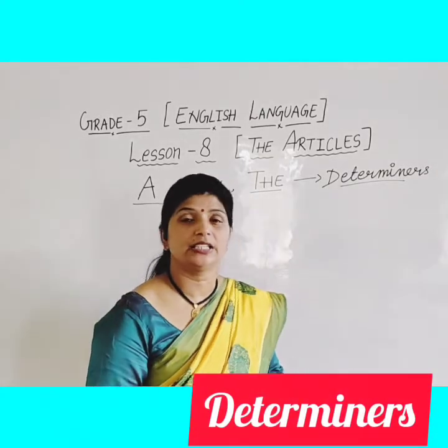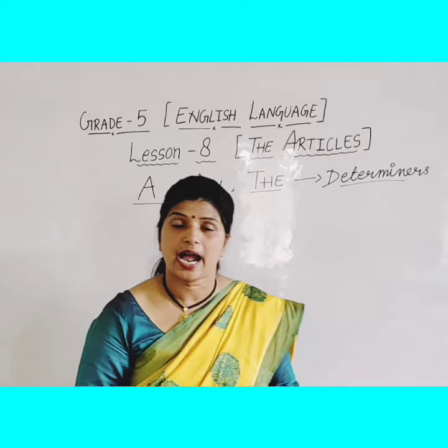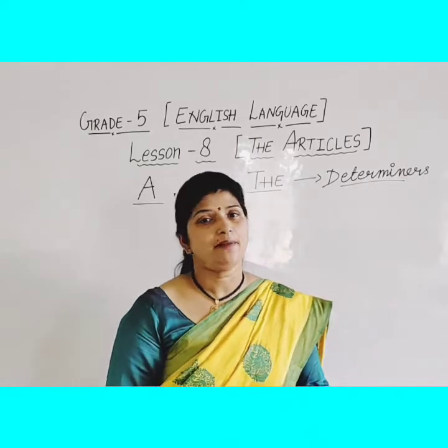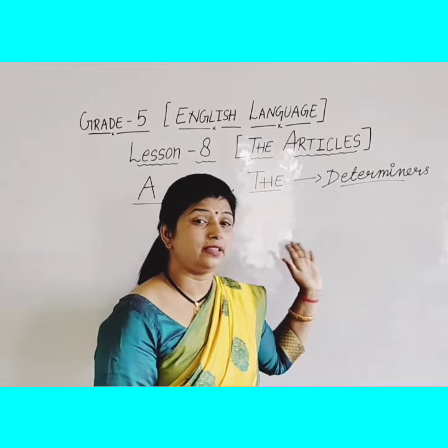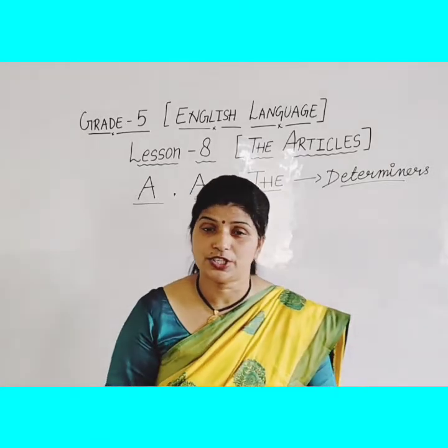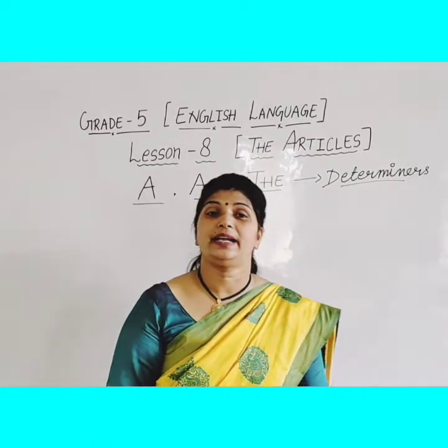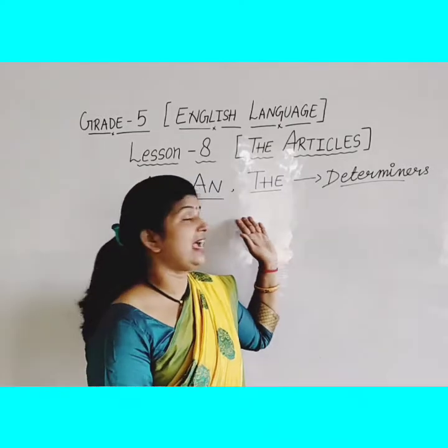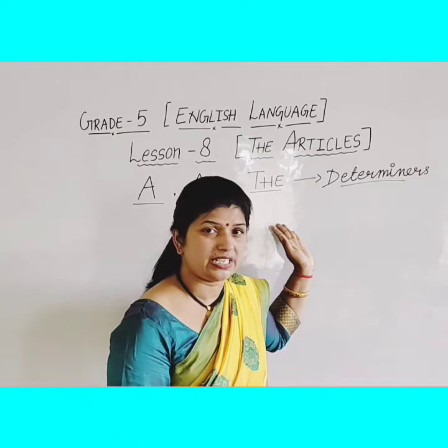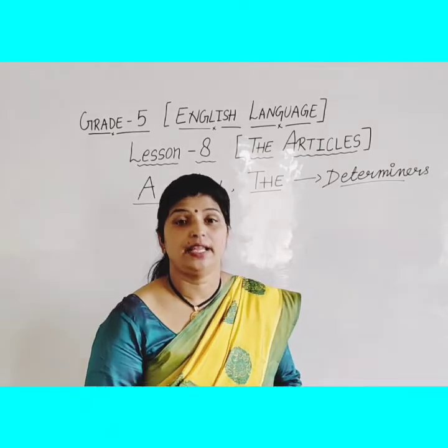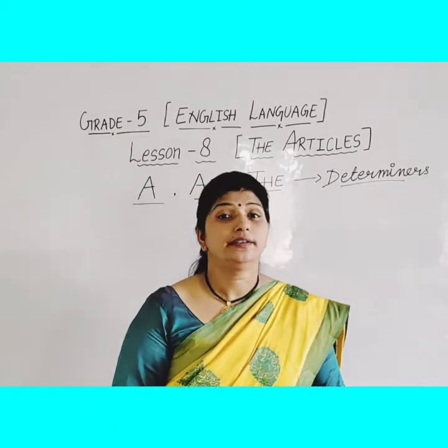In your previous classes you all must have learned that there are a total of 8 parts of speech. And what part of speech is a and the? So let me tell you that it is a demonstrative adjective. A and the are demonstrative adjectives and they are also called determiners.